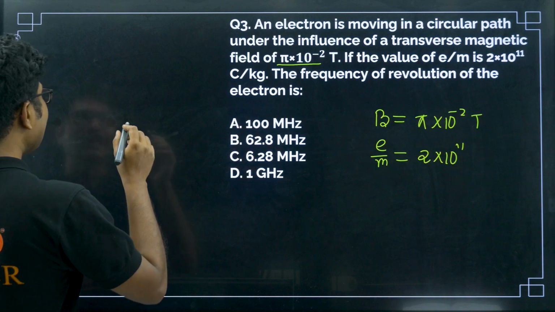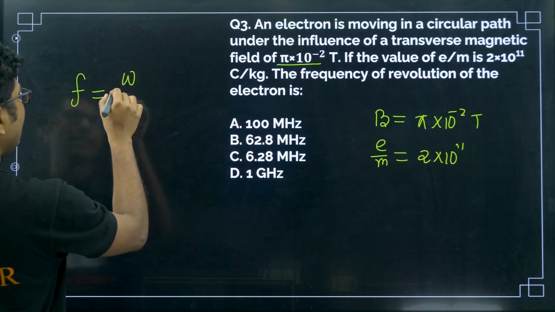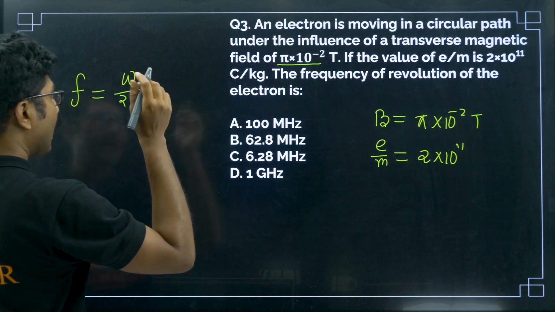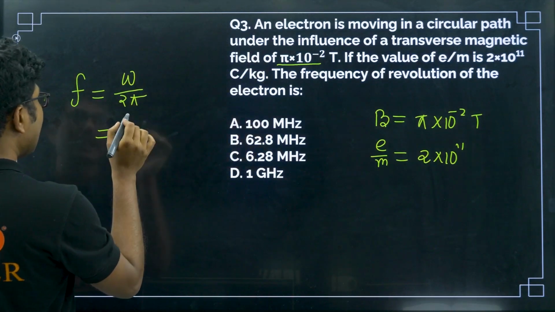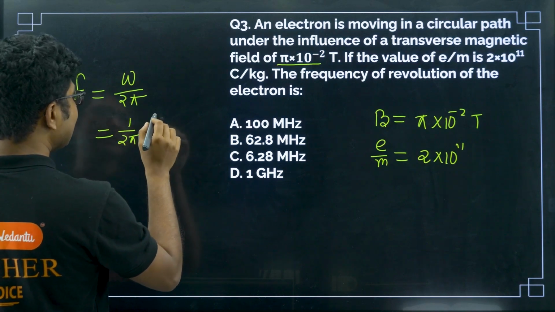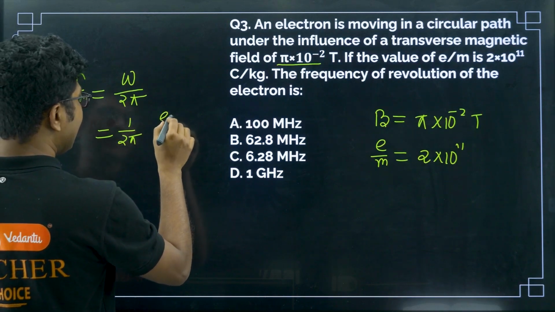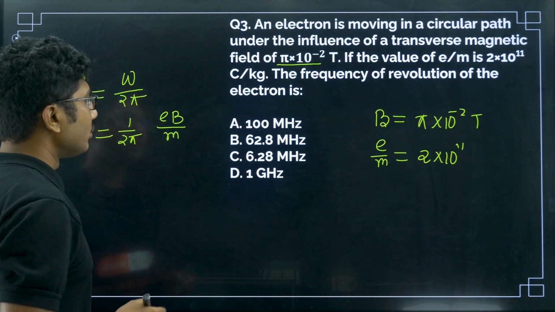Now, frequency of revolution is given by omega by 2 pi. If you remember, in this case omega is given by eB by m.